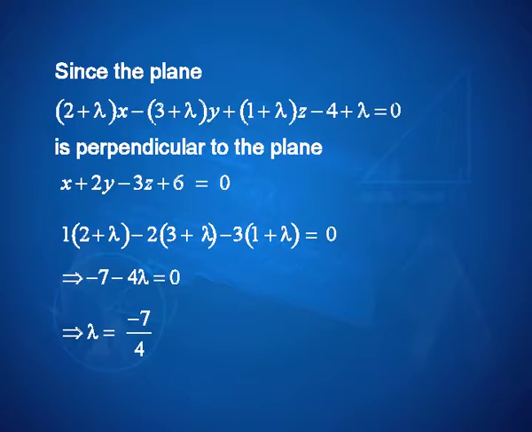If I take that into consideration, I get a simple linear equation in lambda that gives the value of lambda as minus 7/4.